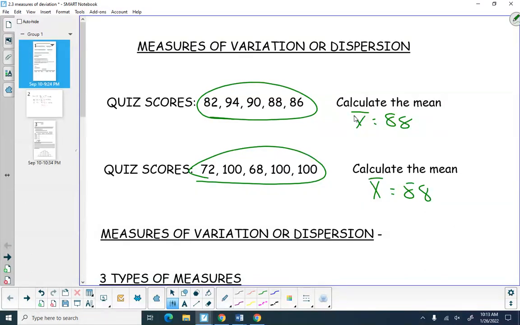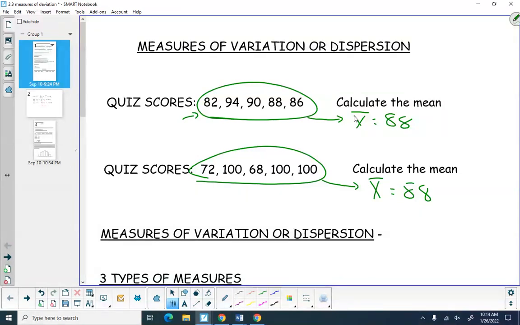But these two sets of data give us the exact same mean. Can we compare and contrast these two sets of data? There's your English term: compare and contrast. Are there any differences between them, or are they pretty much the same sets of data?